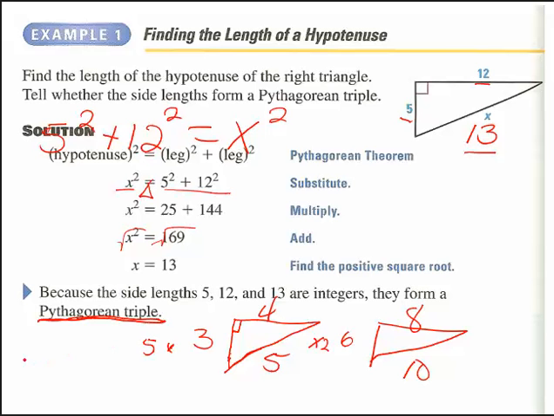What would be my Pythagorean triple triangle? 3 times 5 is 15. 4 times 5 is 20. And 5 times 5 is 25. So this would also be a Pythagorean triple. So anything in the reduced form, and then any multiples of those, as long as they are all three whole numbers, would be a Pythagorean triple.